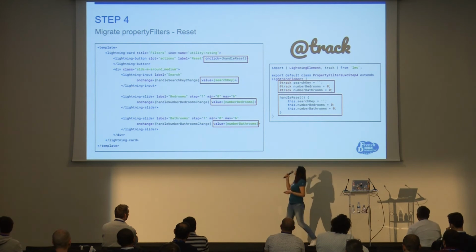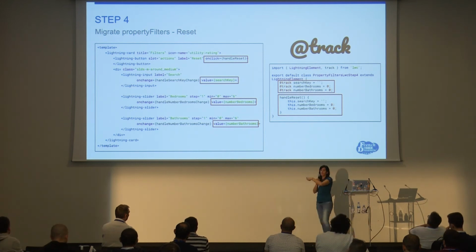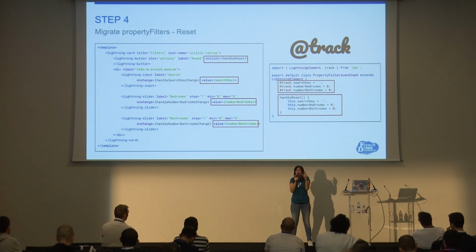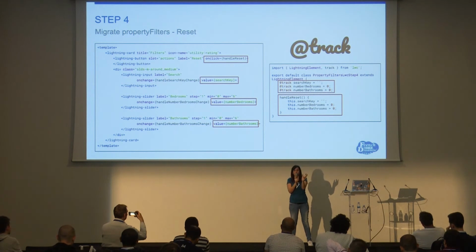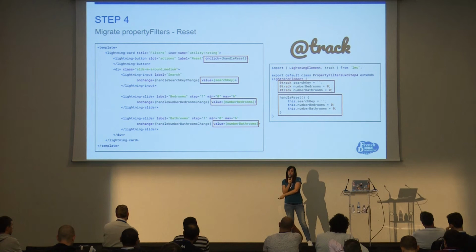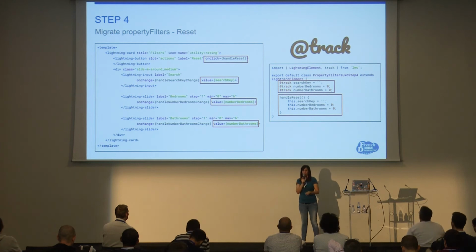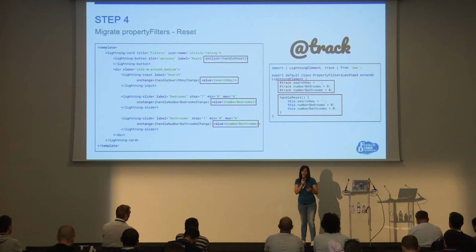As I'm changing the value of those properties programmatically, if I want those components to effectively show that the slider has been reset to 0 and that my input field has been emptied, I have to use the track decorator. That again is a decorator that you can import from the Lightning Web Components library, and the framework is going to handle its behavior.